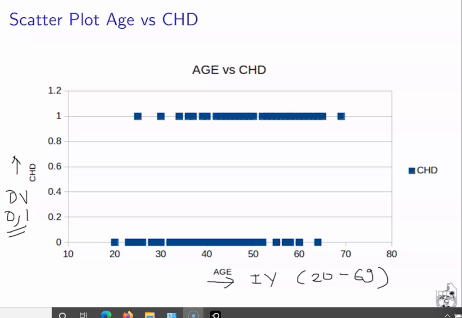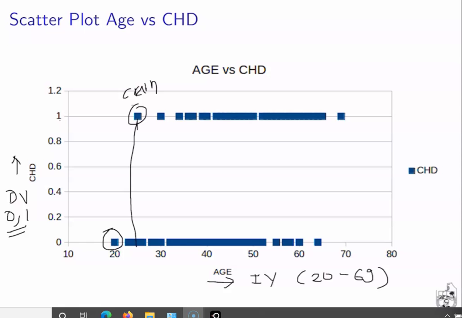If you observe, these are the records. Suppose the person with age 20 is not suffering from CHD, whereas the person, suppose this is the 25th person, is suffering from CHD, and that's why its value is 1, and the other value is 0.